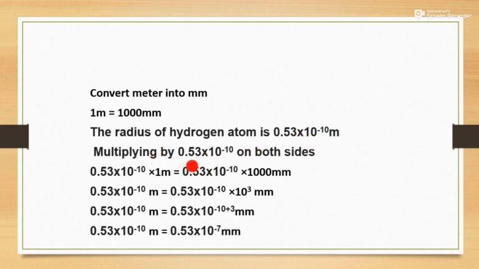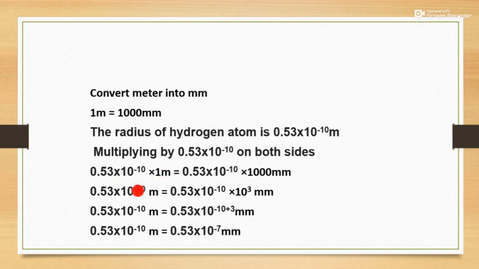Now multiply both sides, left side and right side. 1 meter is equal to 1000 millimeter, and we multiply both sides. Now the meter part is multiplied by 1, same as it is.